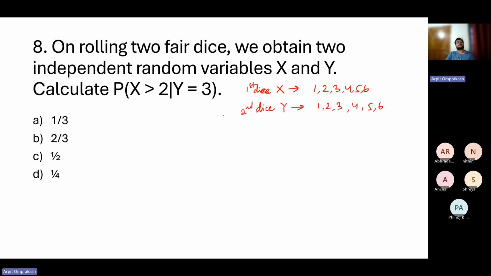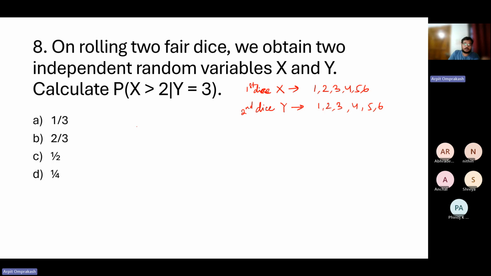Right. So we are asked what is the probability that X is greater than 2 given that Y is equal to 3. Right. So again, because there are two dice and there are two independent random variables, we know that the roll of one die won't affect the roll of the other. And basically, these two are independent.